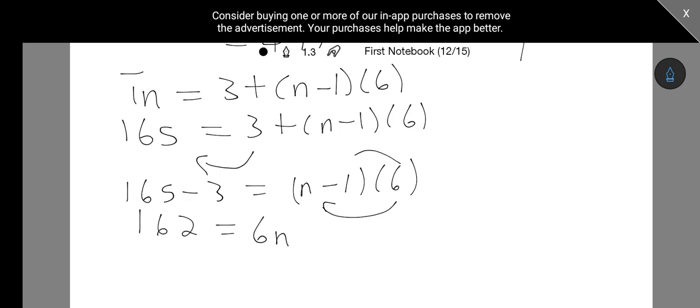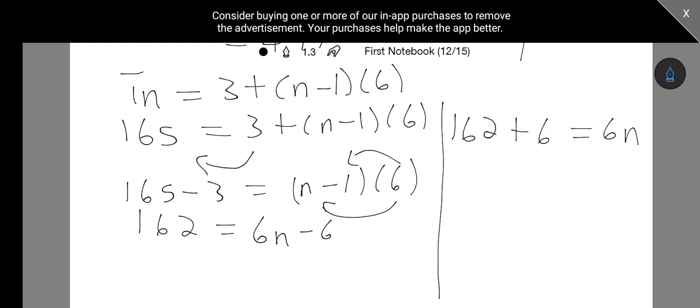That is 6 times negative 1, that gives us negative 6. We take the negative 6 to the left side and it changes the sign. Then we're going to have 162 plus 6 being equal to 6n. What is 162 plus 6? That gives us 168. 168 is equal to 6n.